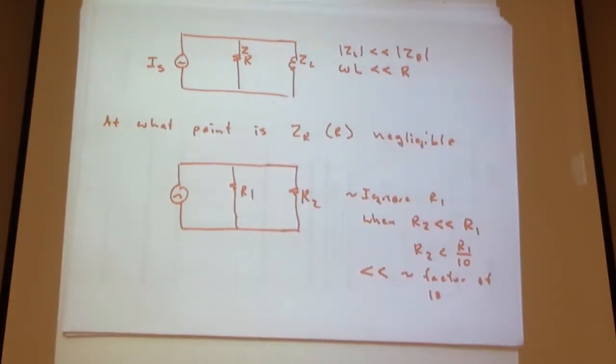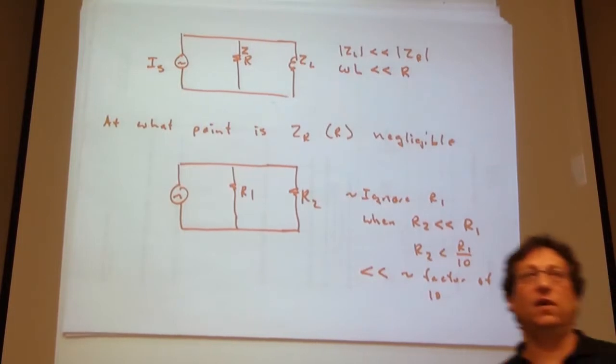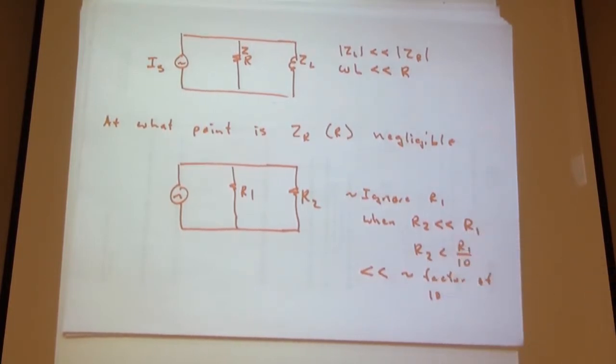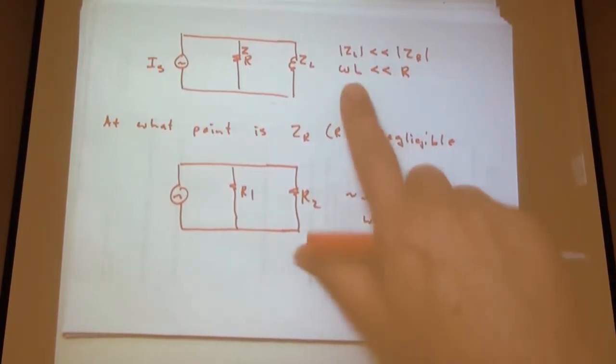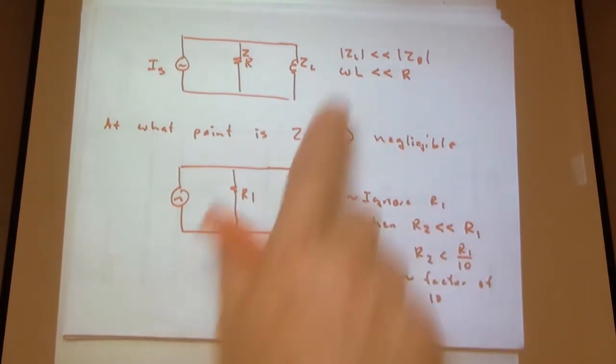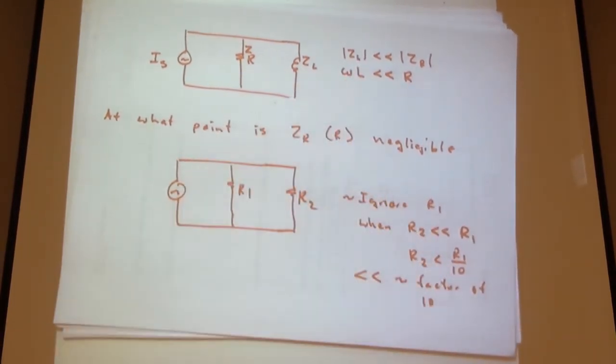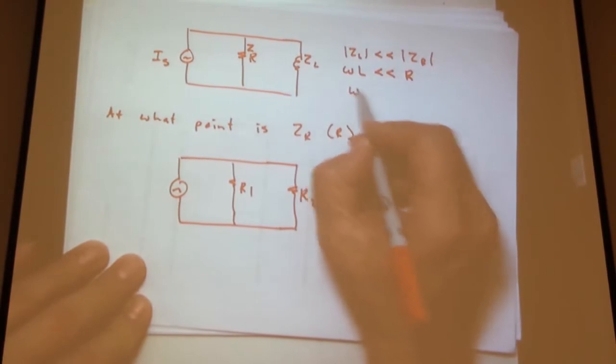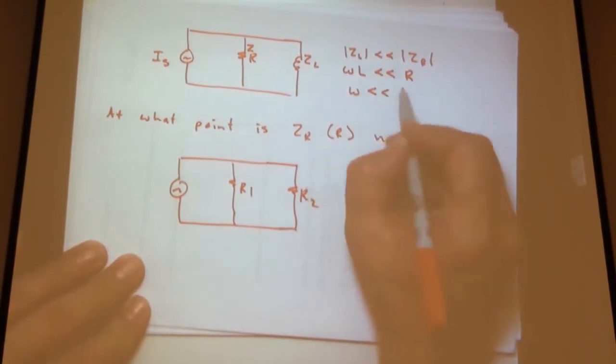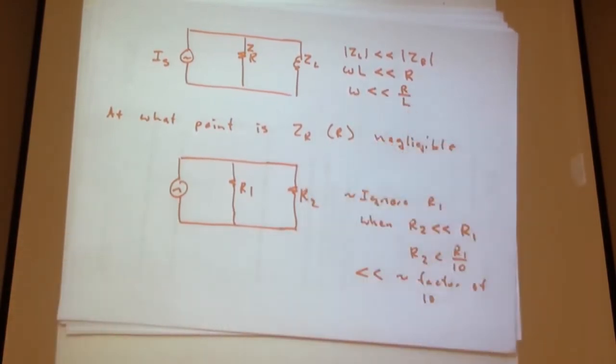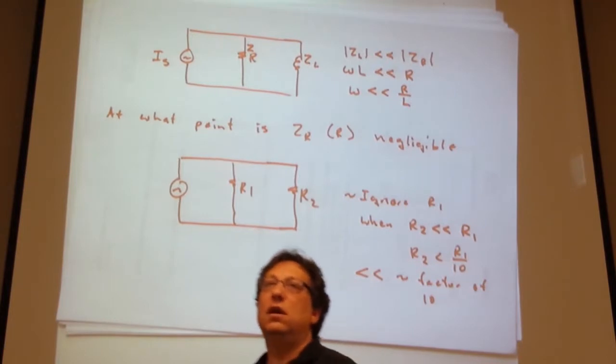The magnitude of ZL is omega L. The magnitude of an imaginary term, j omega L, is just omega L. And so we can say omega much less than R over L. For that frequency range, we can say ZR is negligible.